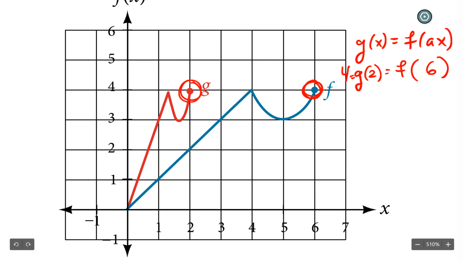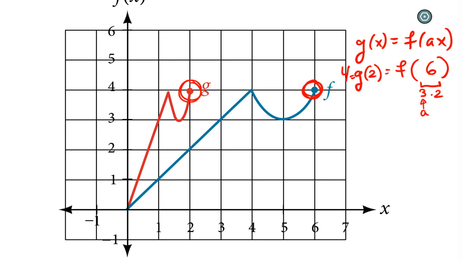Now, if g of x is f of ax, that means g of 2 is f of a times 2. So that would make a equal to 3. This is our guess, a seems to be 3. So this seems to be a horizontal compression of 1/3 because a is 3.